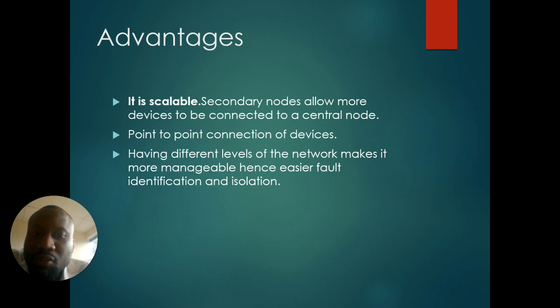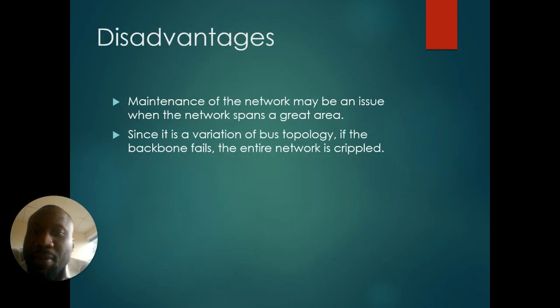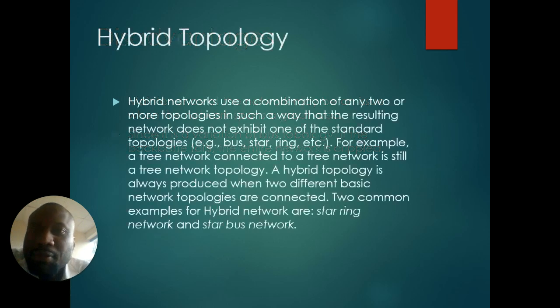Having different levels of the network makes it more manageable, hence easier fault identification and isolation. Disadvantages: maintenance of the network may be an issue when the network spans a great area. Since it is a variation of bus topology, if the backbone fails, the entire network is crippled.